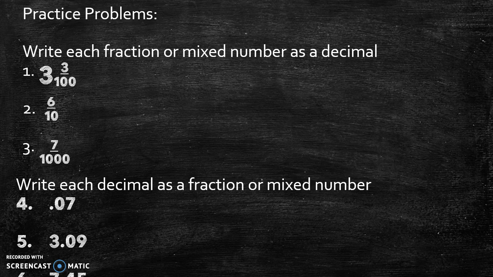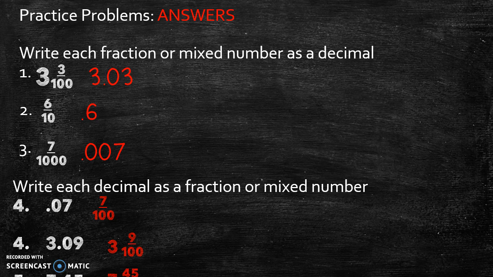Okay, we're coming back in 3, 2, 1. And here are your answers. So the first, number 1, says write each fraction or mixed number as a decimal. So that's obviously a mixed number there because it's 3 and 3/100ths. So you would write that by doing 3.03. You need that 0 there because there's nothing in the tenths column, and that's a placeholder.